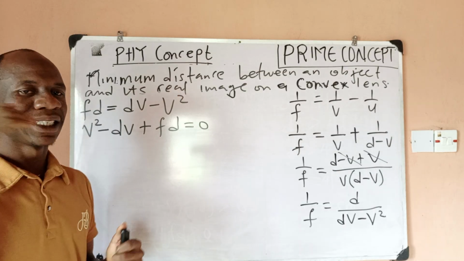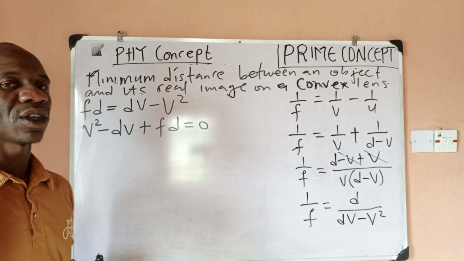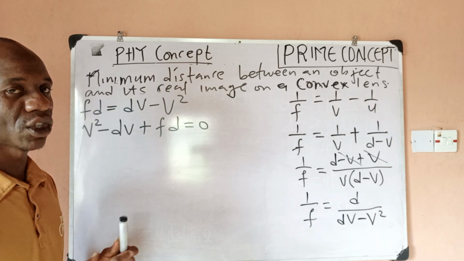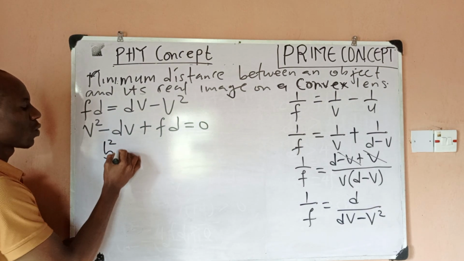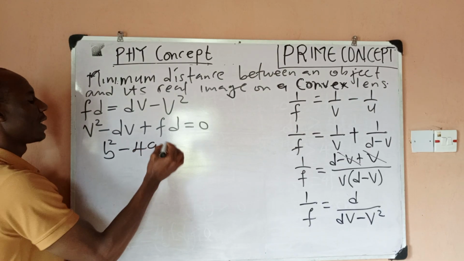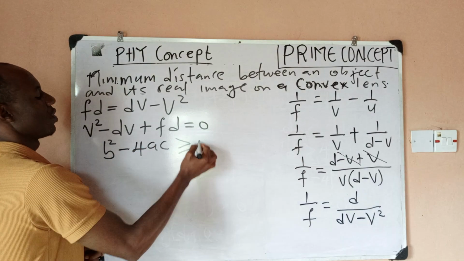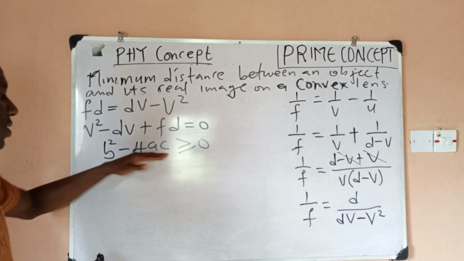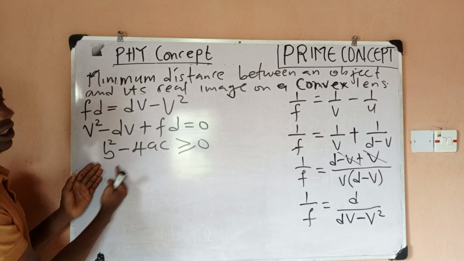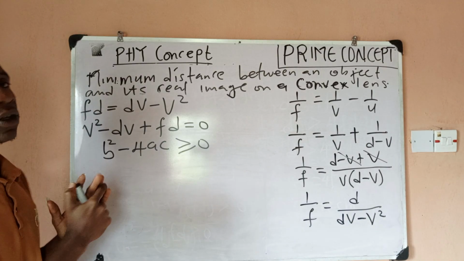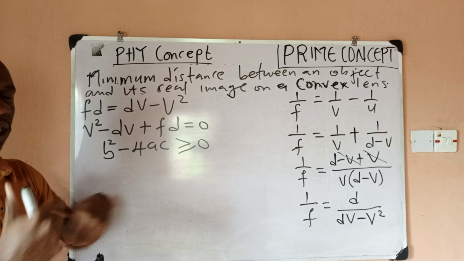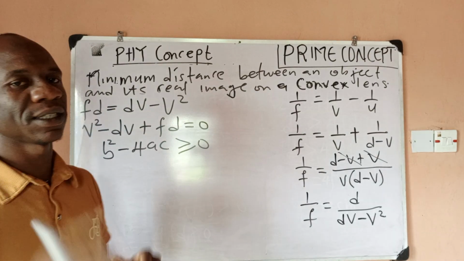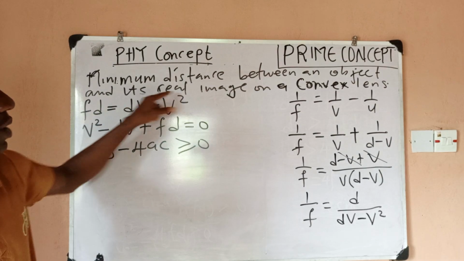It means that a quadratic equation would have a real solution if the discriminant b squared minus 4ac is greater than or equal to 0. Whenever b squared minus 4ac is known as the discriminant of a quadratic equation. So if this condition is true, then your image should always be real. And remember, we're considering a real image.